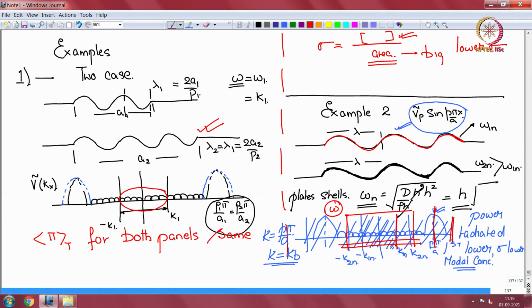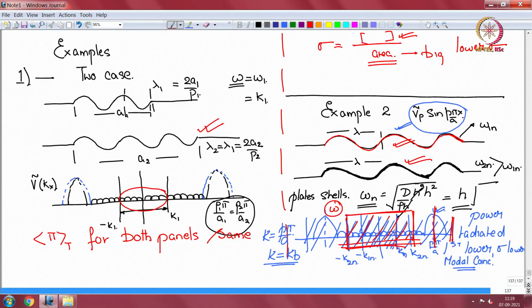So below coincidence, because of the finiteness of this panel, radiation is possible because of all these scattered wave numbers. Within that range, we have taken examples to show how you could have more radiation or less radiation.